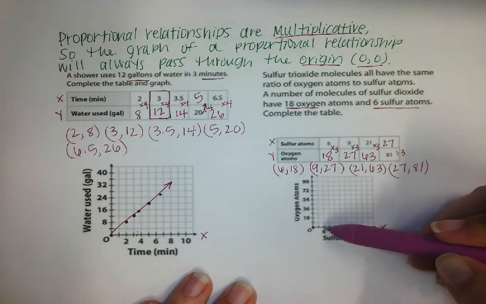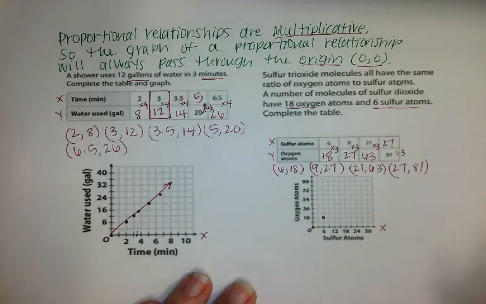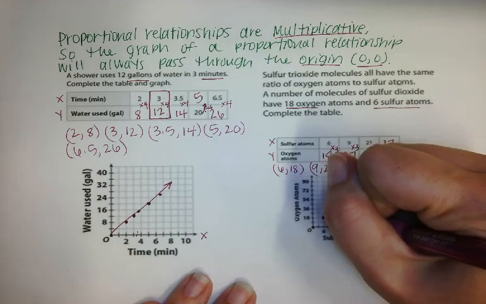But my first point is 6 and 18. So 6 on the x-axis, 18 on the y-axis. 9, so since we've determined that we're counting by 3s, I can tell that this would be 9 on the x-axis, and then up to 27 on the y-axis would be here.